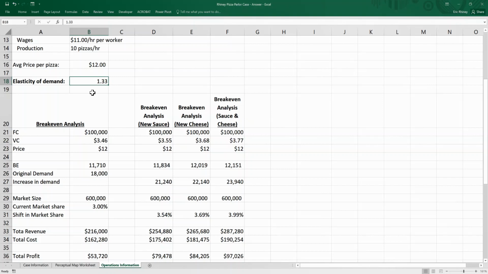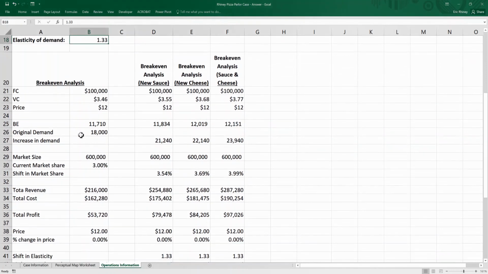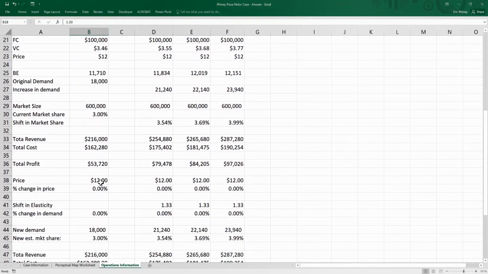If price goes up by 1%, then we expect a decrease of 1.33% in demand. Okay, so we can take this information and we can come down here and change our price and see what happens to demand just by changing our price. So if we just do a 1% increase in price, so $12 times 1% would be 12 cents, so $12.12, an increase of 1%.